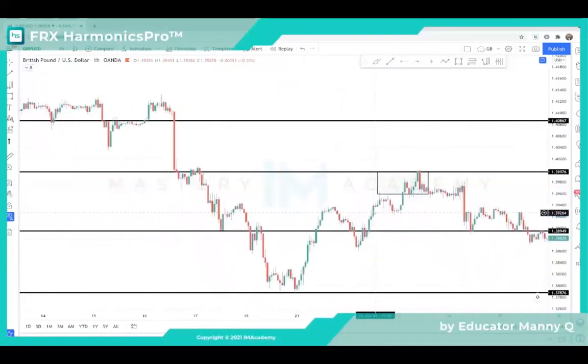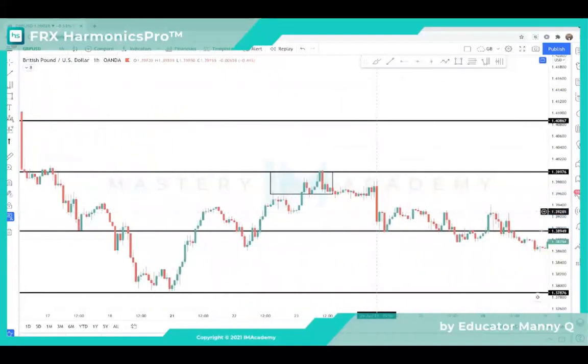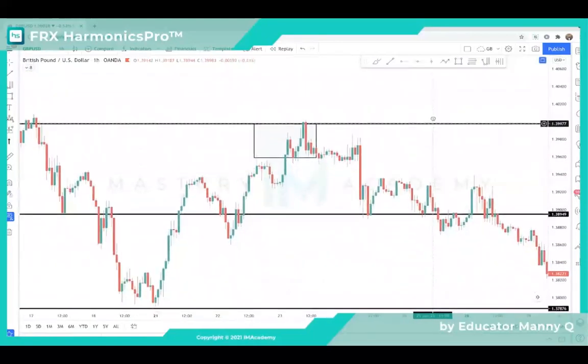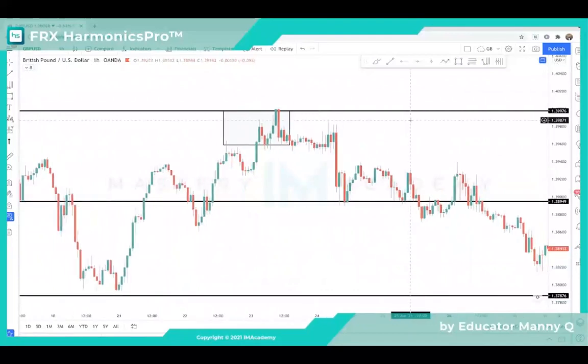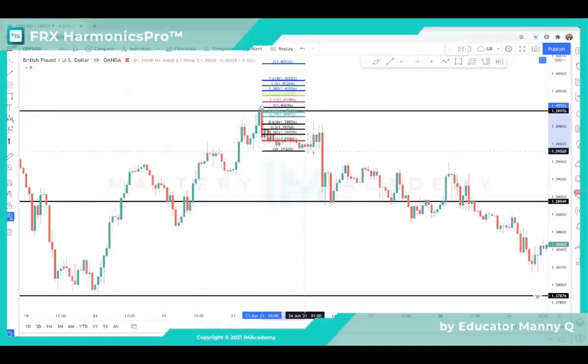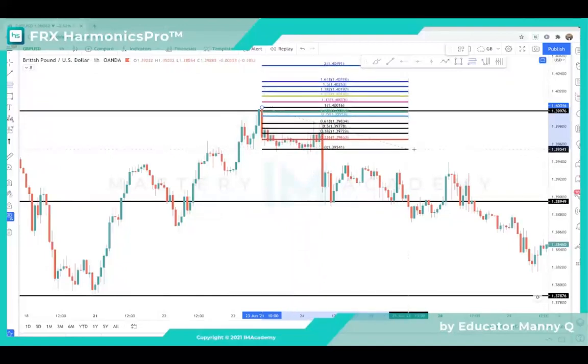Let's actually drop down into lower swings. Okay, let's drop down into other swings inside of the market. Okay, let's say I want to take this high to this low, right down here.